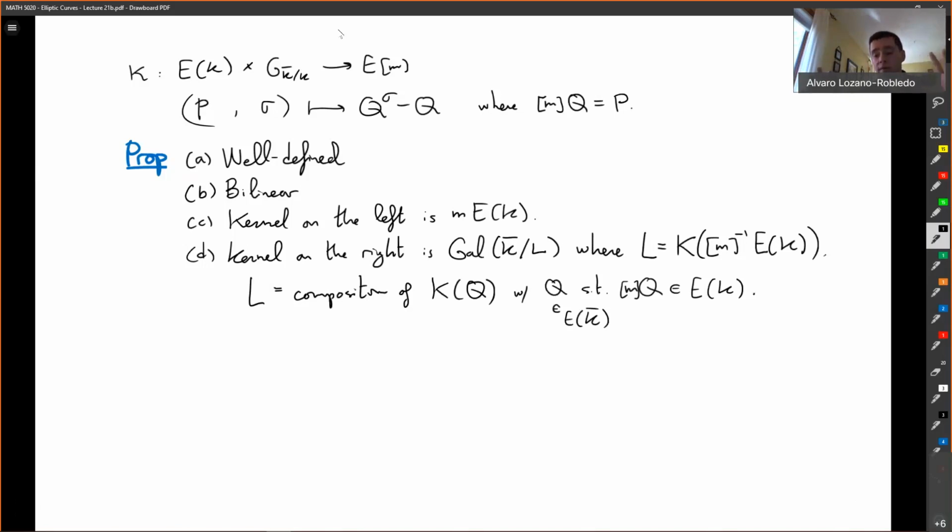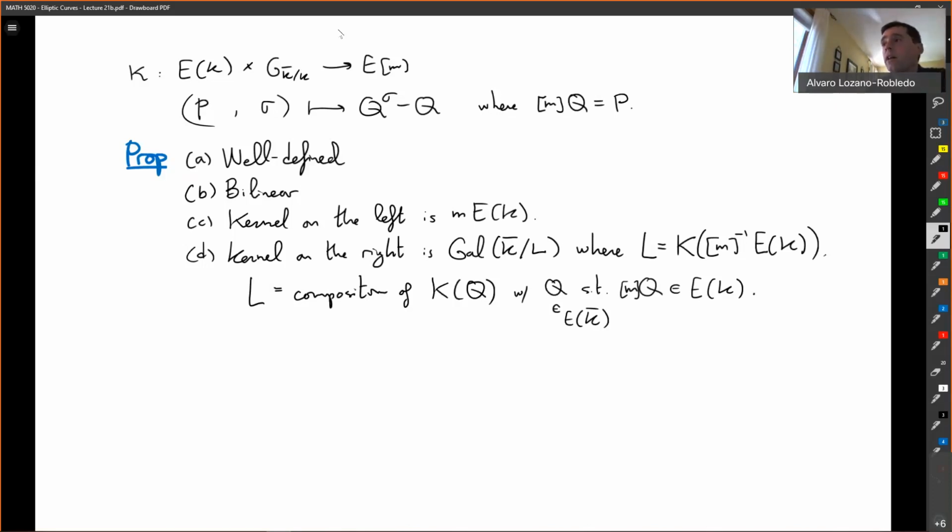We don't know if this is a finite extension yet. In fact, it looks like a fairly infinite extension of K, but we'll see. It turns out that this is going to be a finite extension of K in some settings. So here's the compositum of all those fields.